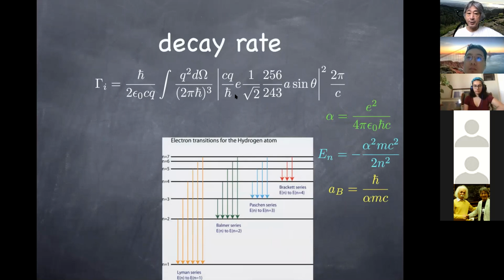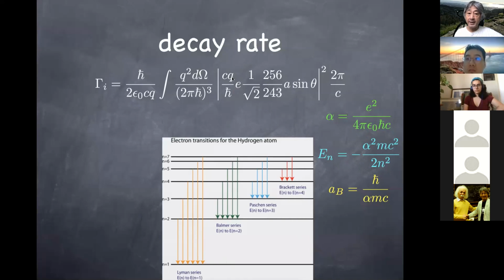And as Anna asked just a few minutes ago, I need to write Q now in terms of the energy difference between 2p and 1s state over speed of light c. So Q is E2p minus E1s over c. And then I know how to write it using alpha and m.